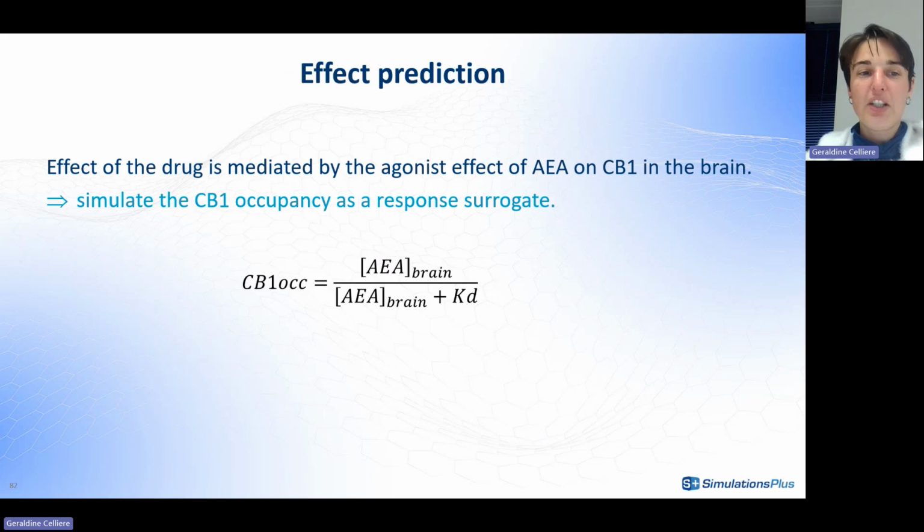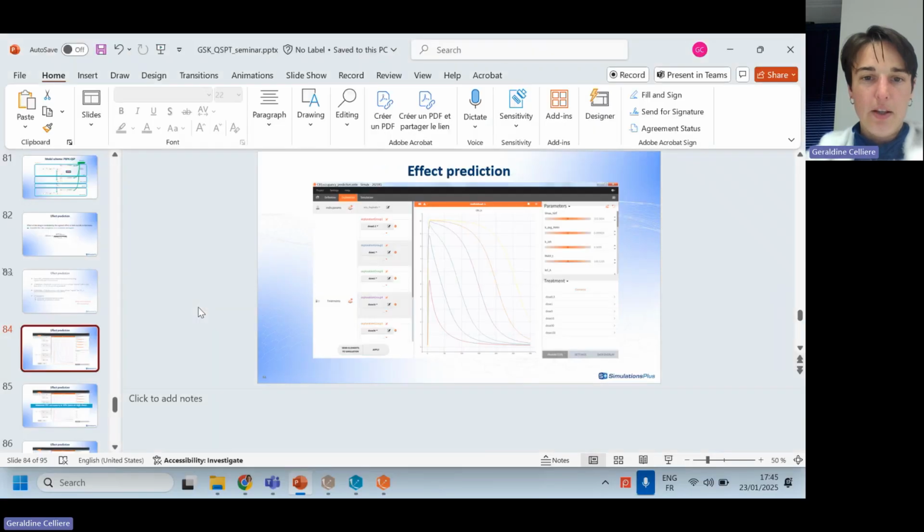But what we can do is look at the CB1 occupancy as a surrogate of the response. That is how we could define CB1 occupancy, depending on the concentration of the AA fatty amides in the brain and the KD for CB1.